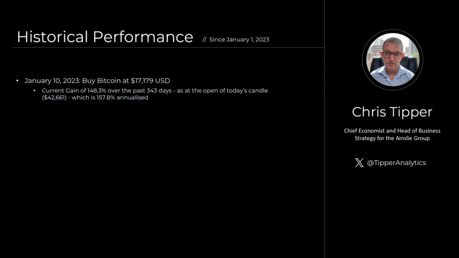It's important, obviously, to track performance, and this will be a slow build over time because we've only got one data point there. But you can see what's happened here is that entry on the 10th of January at $17,179. We're currently up 148% over the last almost a year now at the open of today's candle, and annualized, that's 157%.